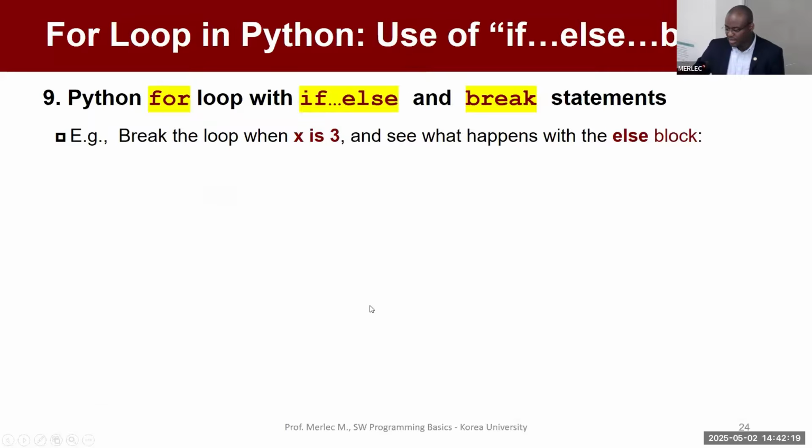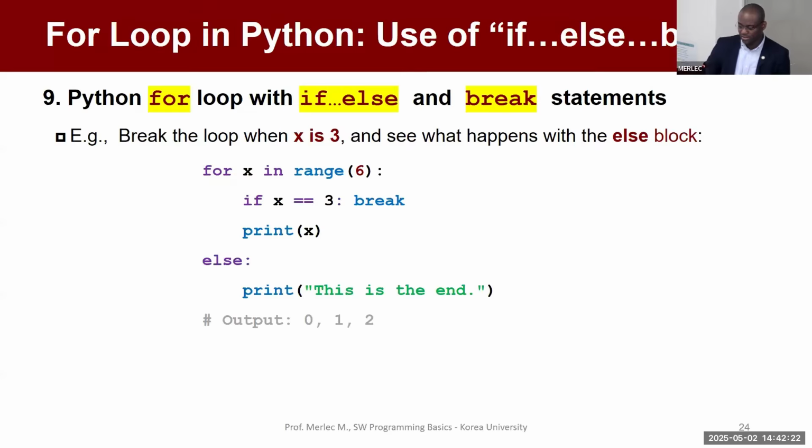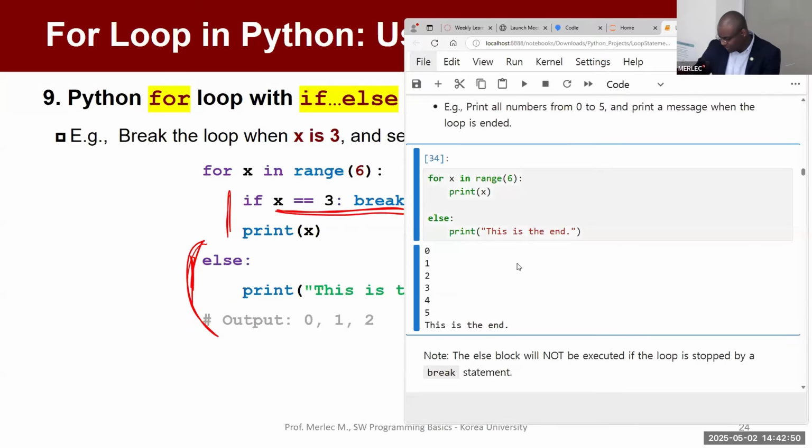Then here is the other case where we can combine if else and break inside this loop statement. It is the same as what we have seen. In this case, we added just this else part. But if this condition is satisfied, we will never run even this else block. We'll directly exit the loop. That's the small difference.